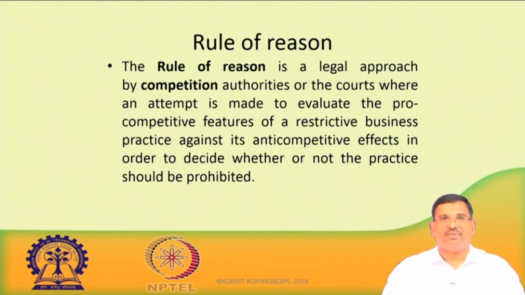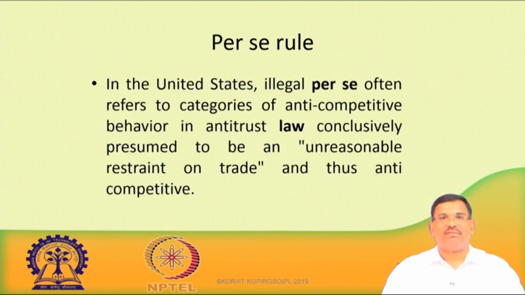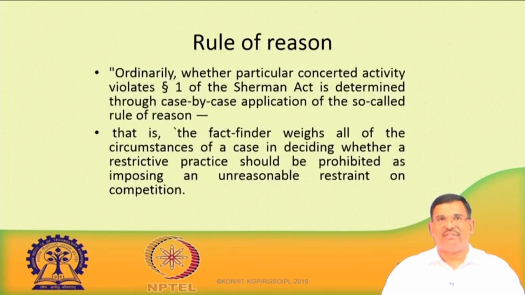Here come the two principles, the rule of reason as well as the per se rule. We will see these two rules, because if you apply either of them, the result will be different.